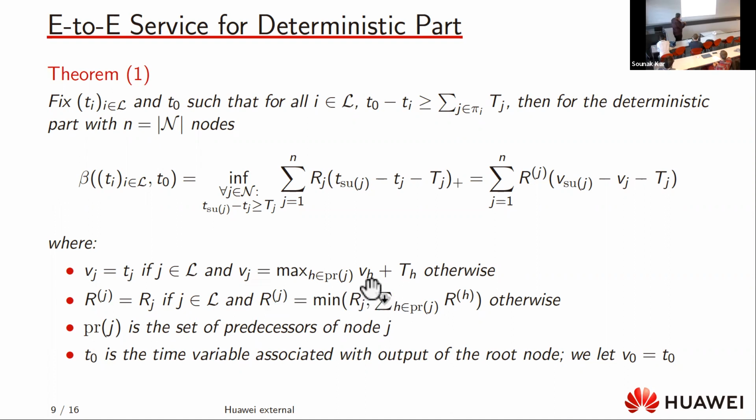We find the one that maximizes V_h, and V_h can be computed from its children, and so on, until layer L. And then we add the latency for that server. In this case, we assume T_0 is associated with the output of the root, the output at the end, which we fix, and then we let V_0 equal T_0.